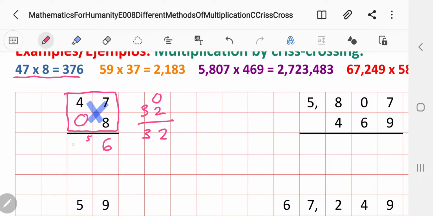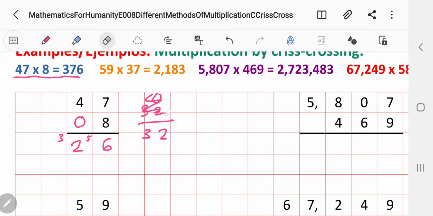So that's 32, and that's it. And then we erase this, we clean this. Sorry, I erased the 0.